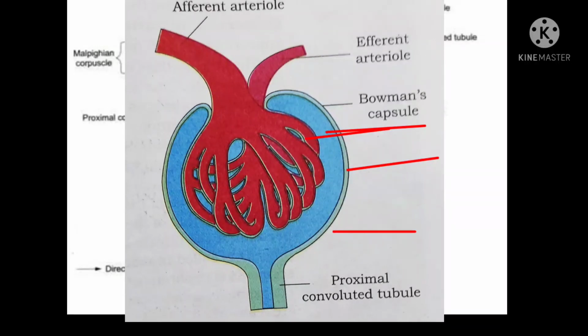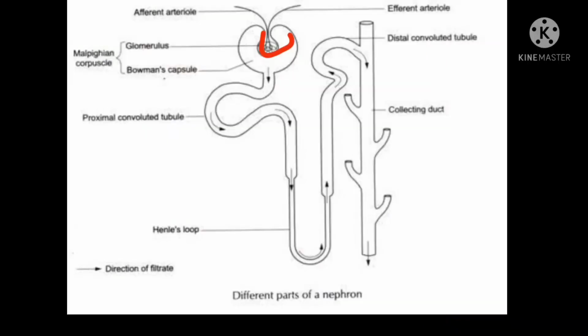So these are the three membranes that help in filtration. The blood is filtered, and the part of the blood that comes out of the glomerular tuft into the lumen of the proximal convoluted tubule is called the filtrate.